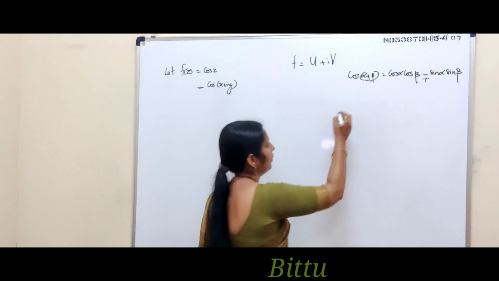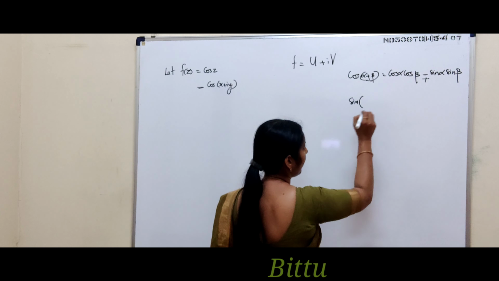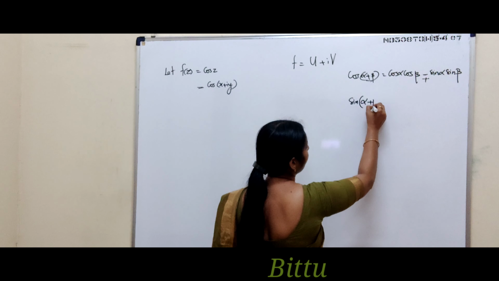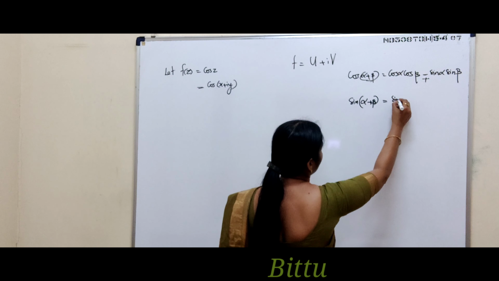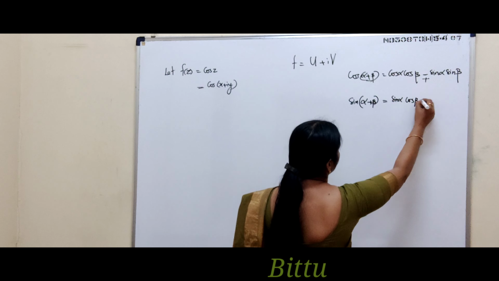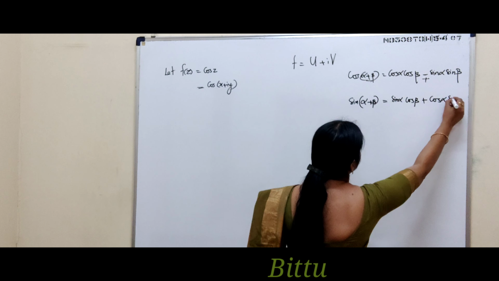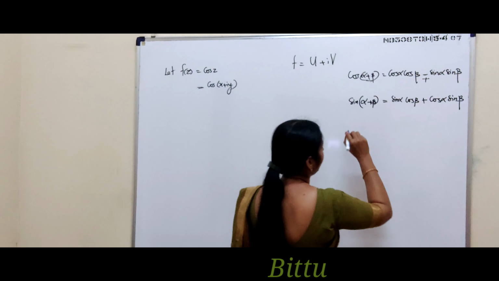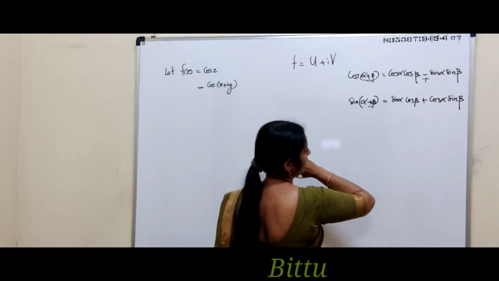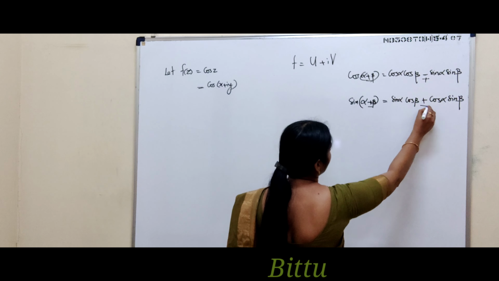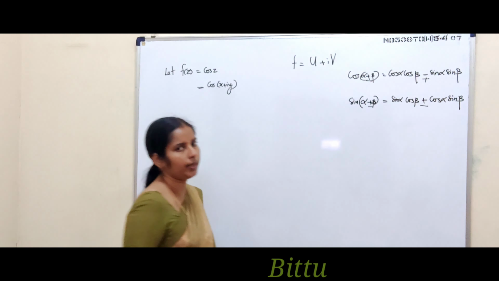And again, you have to notice one more result. We have a similar result, sin(alpha plus beta). It is sin alpha cos beta plus cos alpha sin beta. And again, sin(alpha minus beta) is sin alpha cos beta minus cos alpha sin beta.